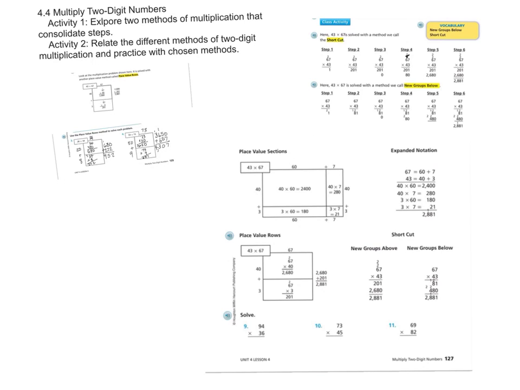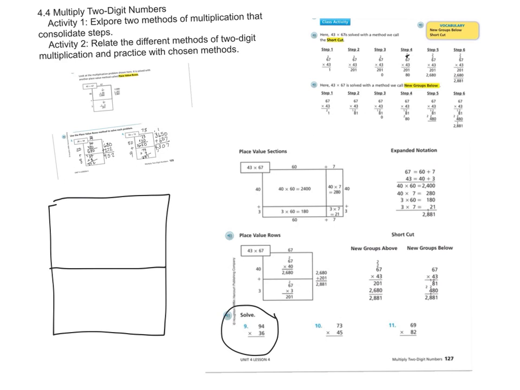So what I want to do with you is I'm going to do the 3 different approaches that we did tonight with these 3 problems here. So I'm going to do the place value rows with 94 times 36. So if I were to do that, I would take 94 times 36.